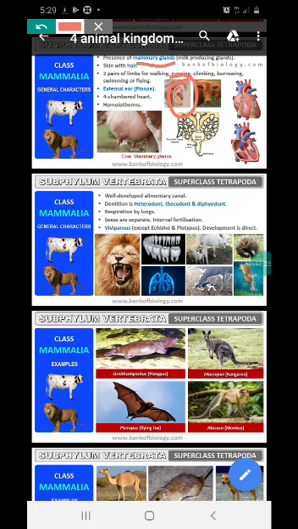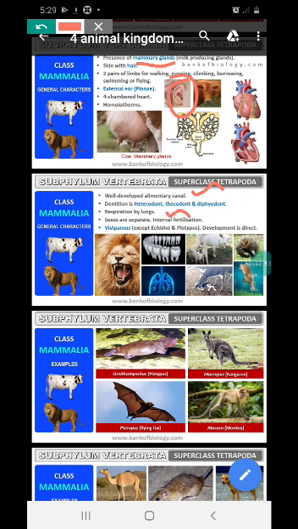And all systems are very well developed. We are the most developed organisms on the planet Earth, and we can adapt to any kind of situations, whatever it is, right? So we also have a well developed alimentary canal. Our respiration is by lungs.